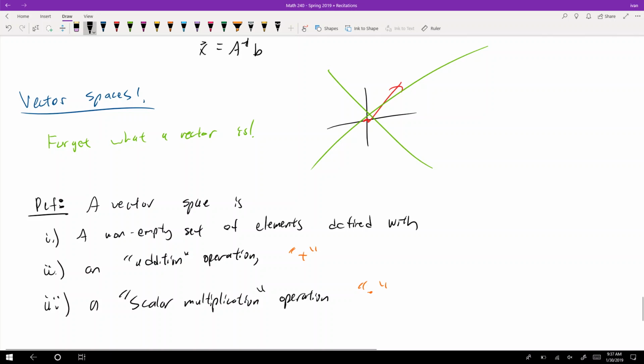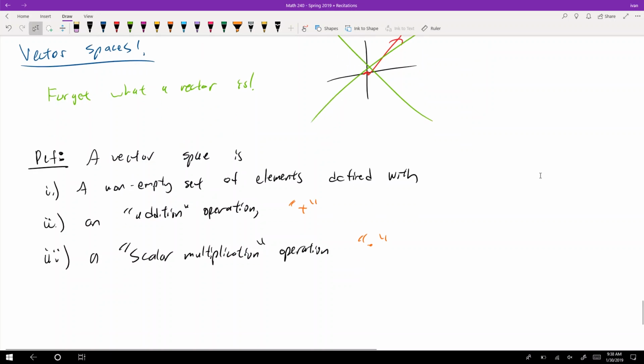That's what scalar multiplication is. So you have these two operations, where the scalars are from a field called F.